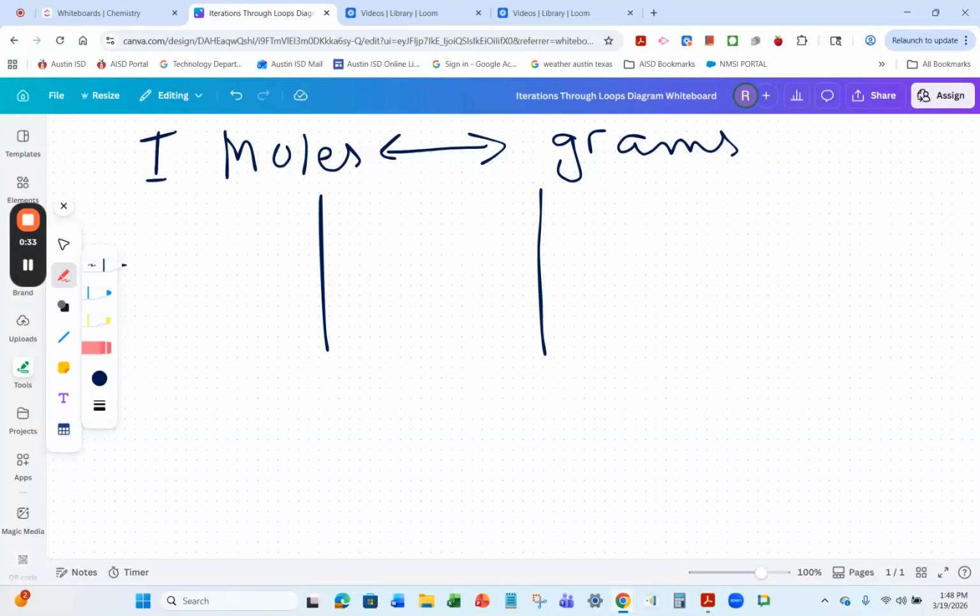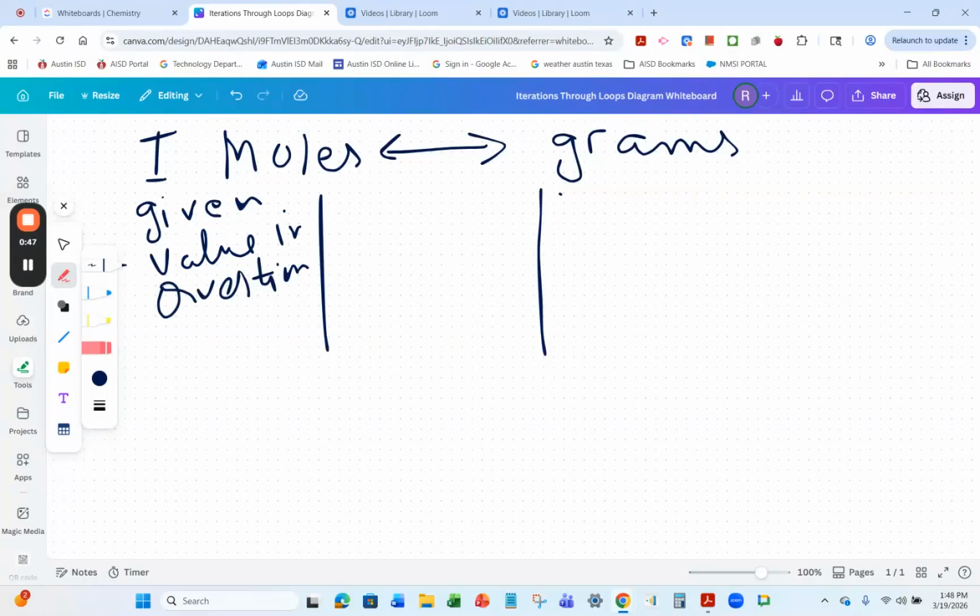In the first column, you will start with the number given to you in the question: the given value in question. And the third column is what you need to find.